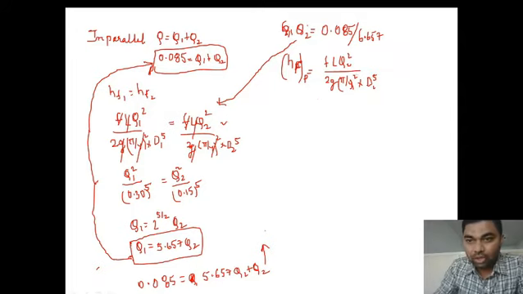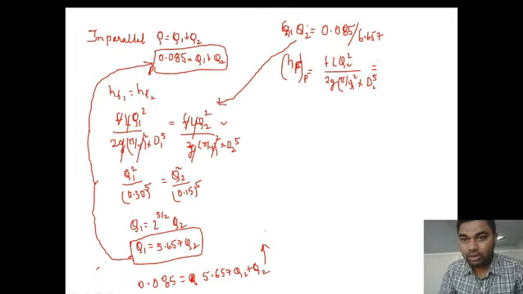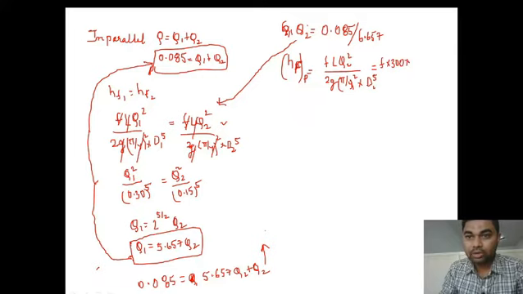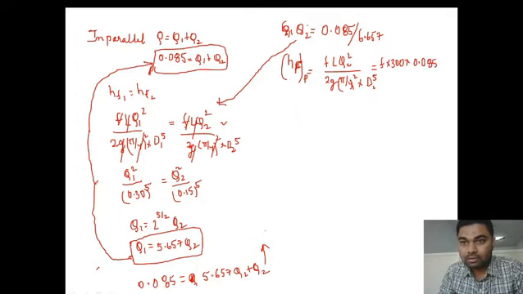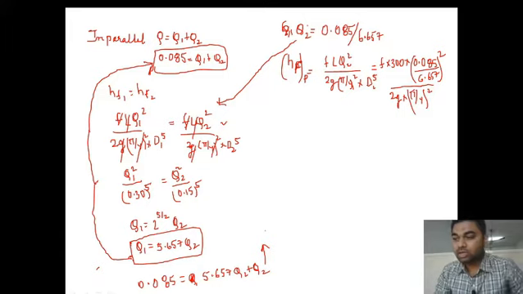Substituting all the values, let F be the unknown: F into 300 into Q2, which is 0.085 by 6.657 whole square, divided by 2G into pi by 4 whole square into 0.15, the diameter of pipe 2, whole to the power of 5. This is the value of HF in parallel.